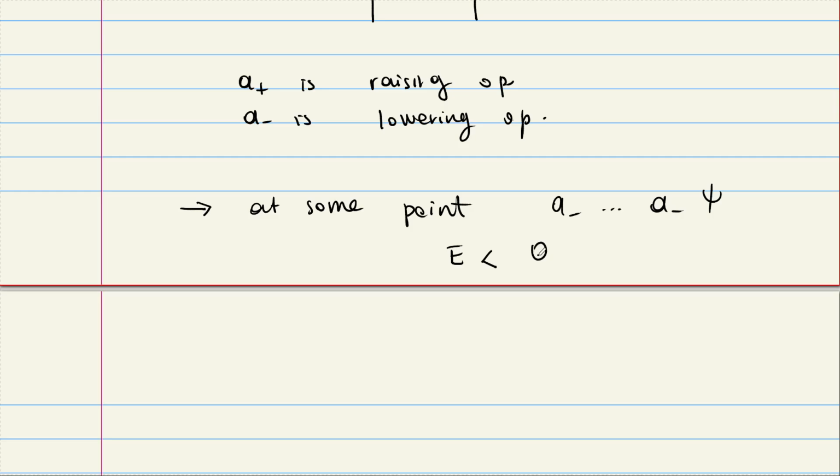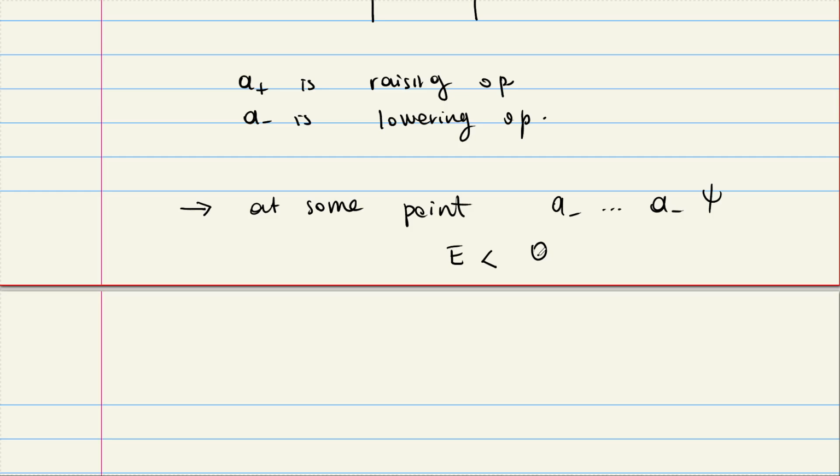And the question is, what's wrong with E less than 0? Are they acceptable? Why not? It is not normalizable. Why? It does not go to 0 fast enough. So it's not normalizable, but why is that?